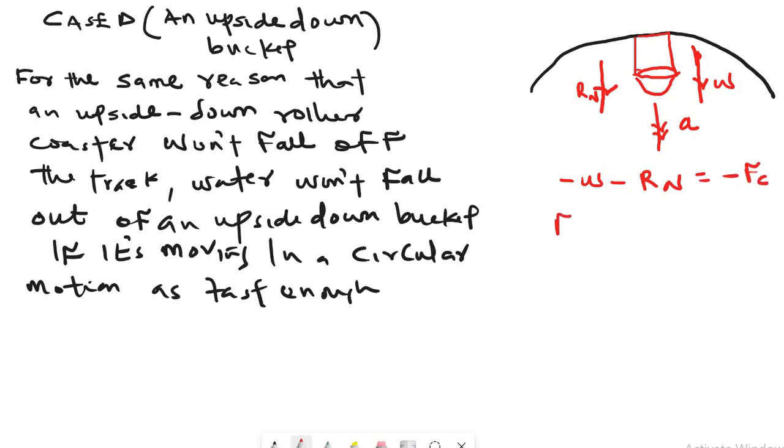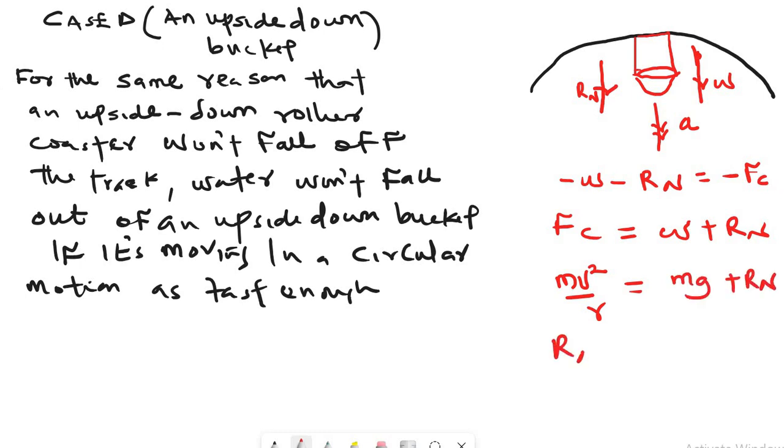When you factorize, like we did earlier, we're going to have this normal reaction. So centripetal force is mv squared over r. Weight is Fg plus normal reaction. So normal reaction will be m into bracket v squared over r minus g.